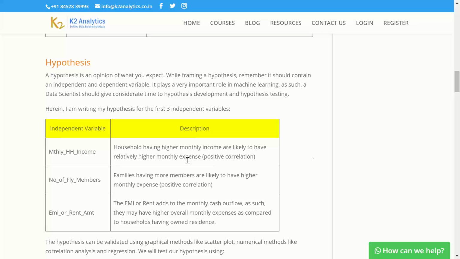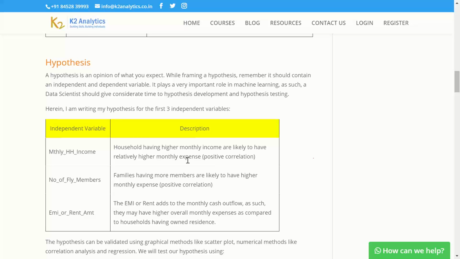Hypothesis: whenever you build a regression, any modeling, you should start with a hypothesis. Definitely my first hypothesis was expense is dependent on income. Null hypothesis: expense is not dependent on income. Alternate: expense is dependent.